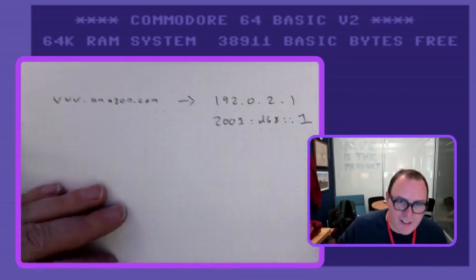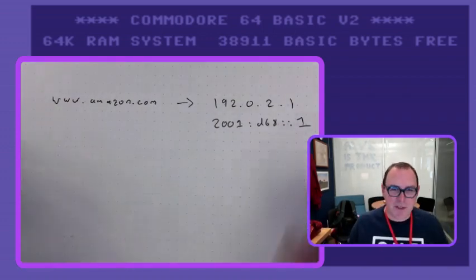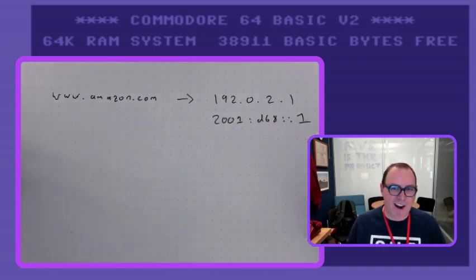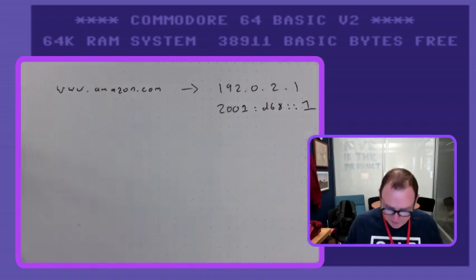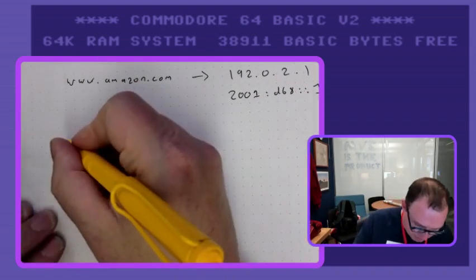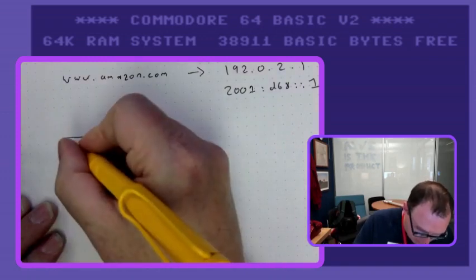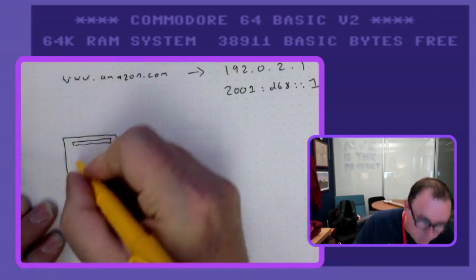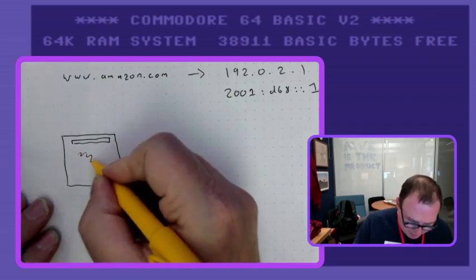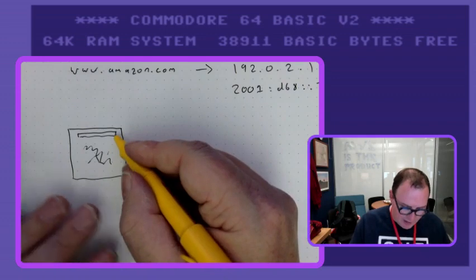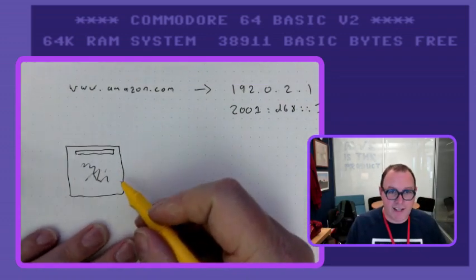All right, so let's kind of familiarize ourselves with the kind of hierarchy of things that are actually doing the DNS work, right? So we're going to start with your browser. So this is my crude picture of a browser where you actually type the domain name in, right? And that's going to be the first place that does any DNS processing.